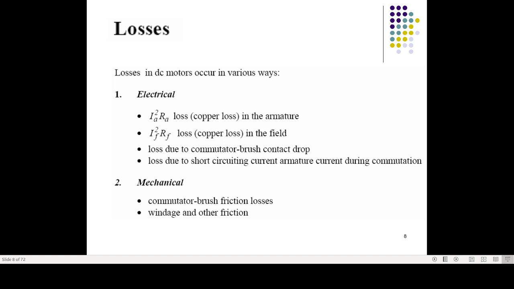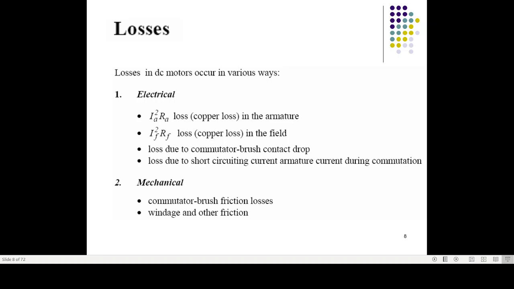Okay, as we know, energy neither can be created nor can it be destroyed. It can only be transferred from one form to another. And in DC motor, electrical energy is converted into mechanical energy.